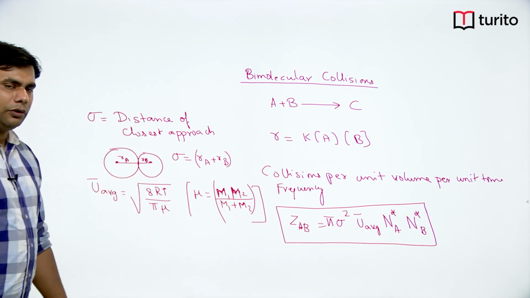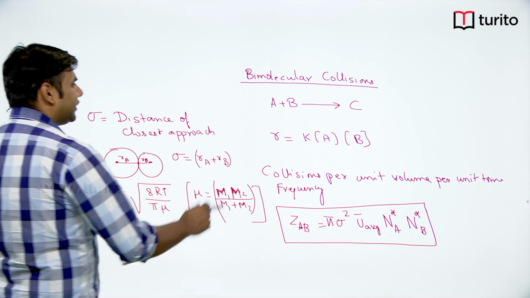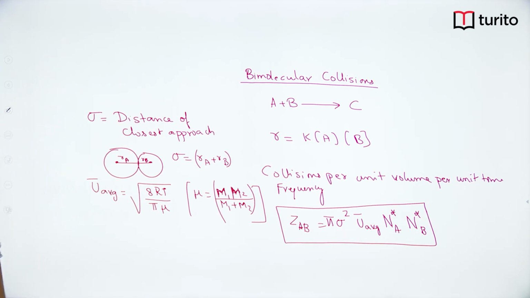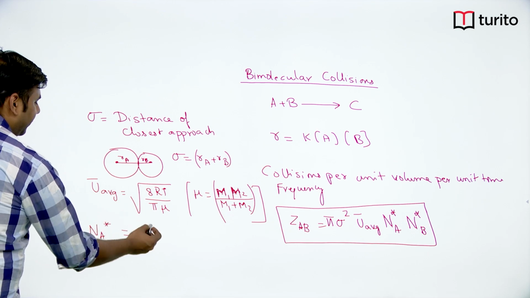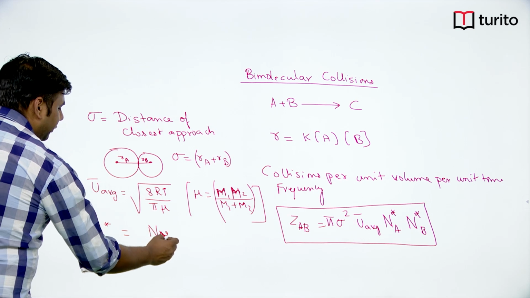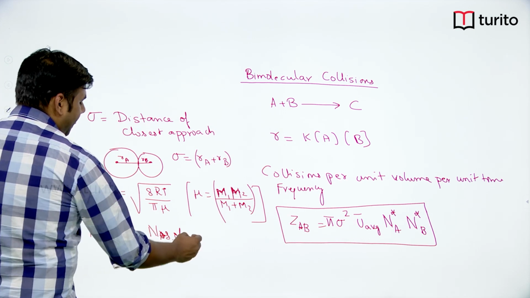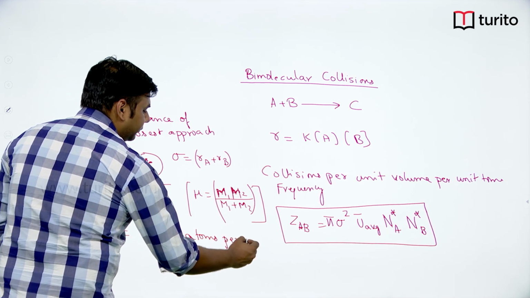If you don't know the formula, don't worry, you are anyways not going to use this formula anywhere, because we just have to know about the collision theory and not the exact expression. And n star is your number of atoms or molecules per unit volume.